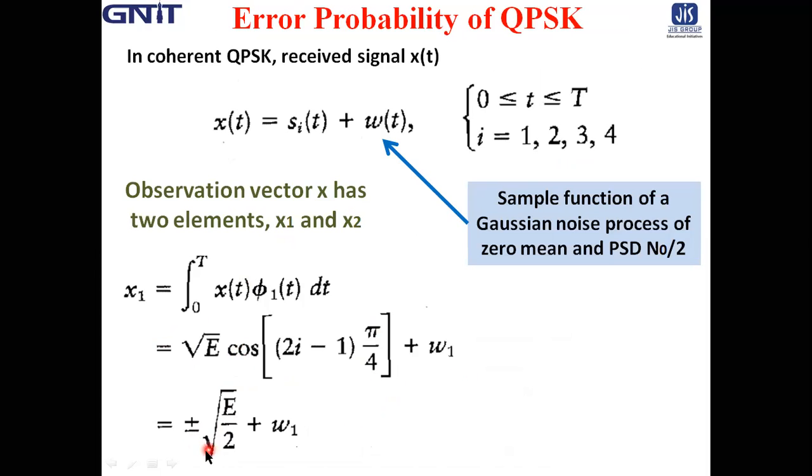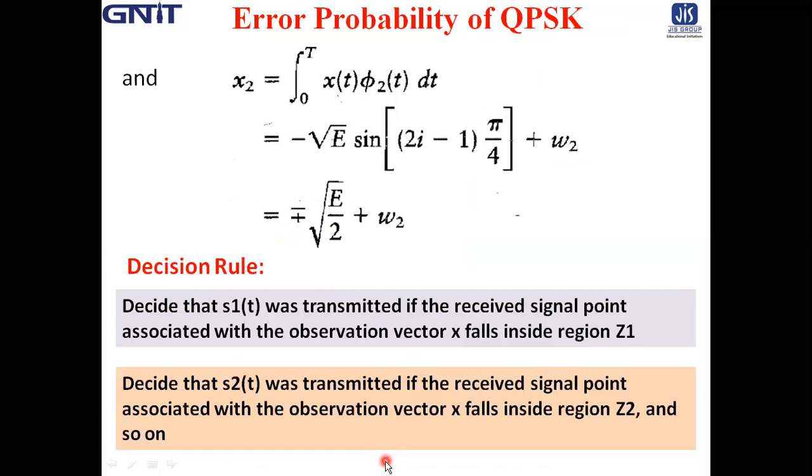So this is now plus or minus square root of E by 2 plus W1. And similarly, x2 equals the integral from 0 to T of x(t) phi2(t) dt, which is minus square root of E sin((2i minus 1) pi by 4) plus W2. So that is now minus or plus square root of E by 2 plus W2.